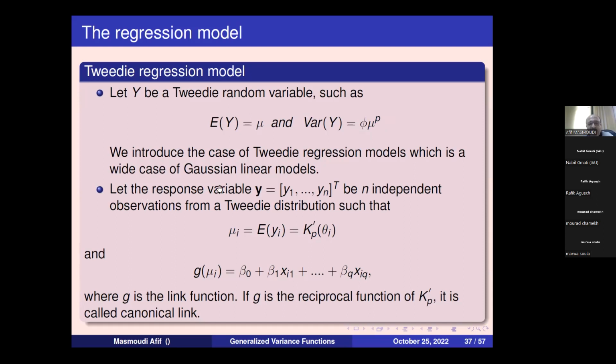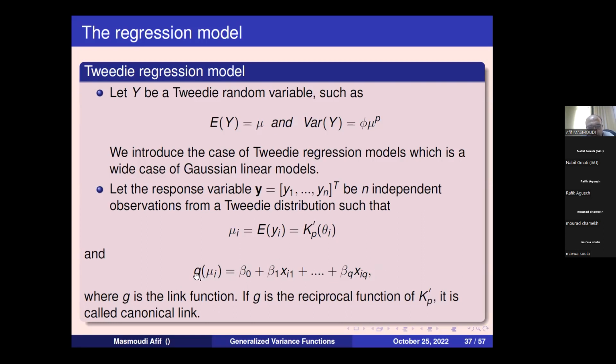So let the response variables be independent observations from a 3D distribution such that the expectation equals mu i, and J here is the link function, J of mu i equals the linear combination of the explanatory variables xi1, ..., xiq.